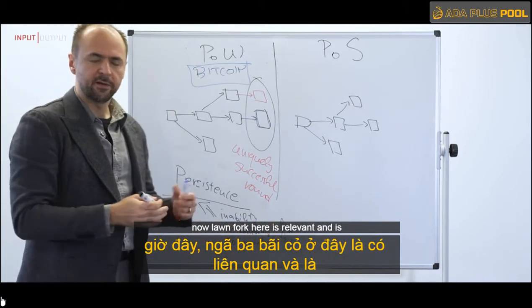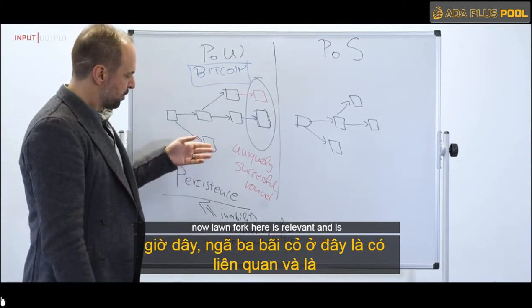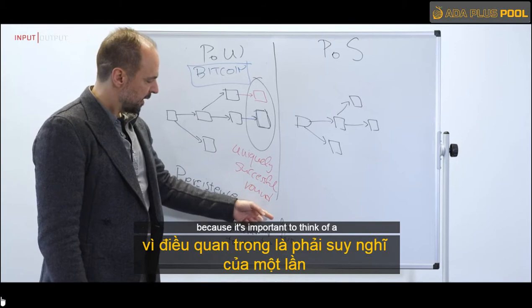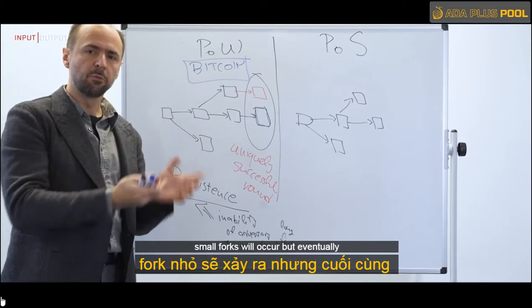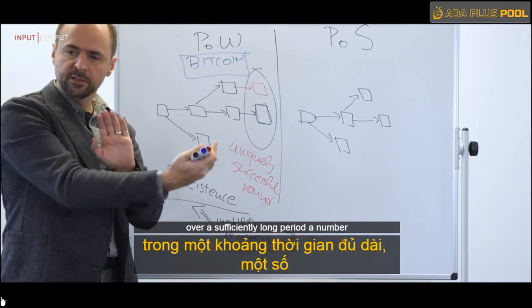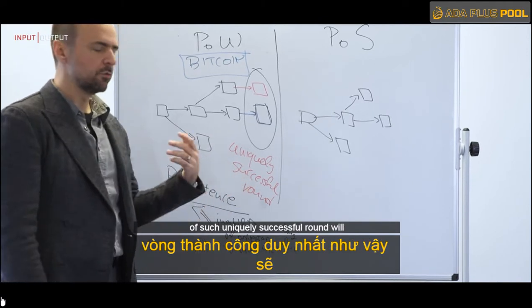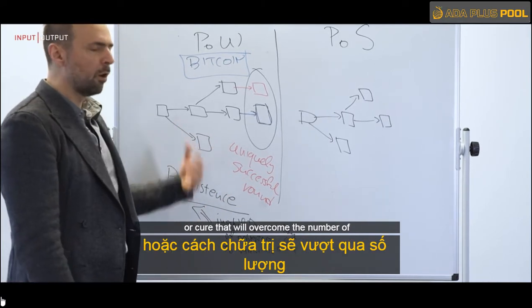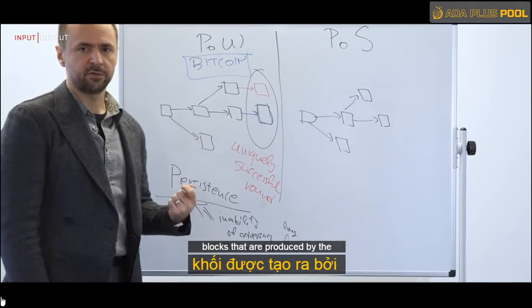Now, long fork here is relevant because it's important to think of a fork over a period of time. Small forks will occur, but eventually, over a sufficiently long period, a number of such uniquely successful rounds will occur that will overcome the number of blocks that are produced by the adversary.